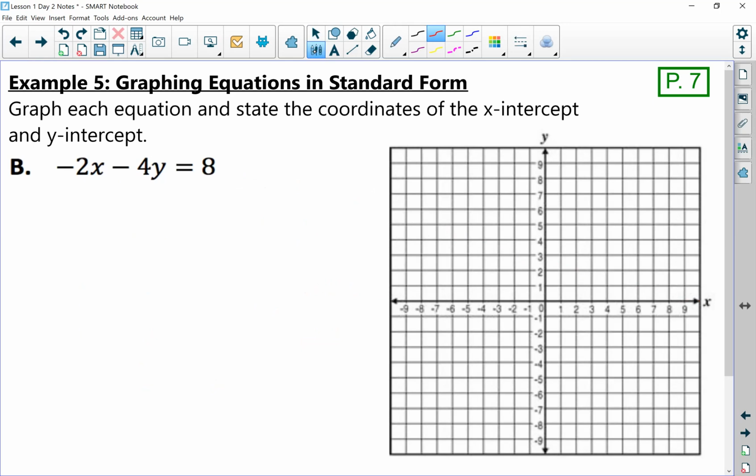Here's another one. I'm going to find my X-intercept and my Y-intercept.